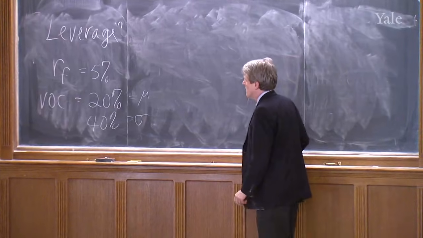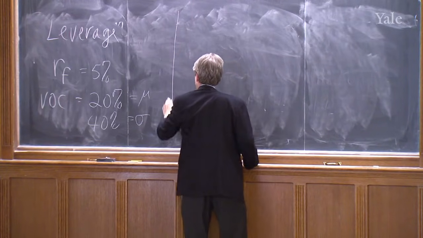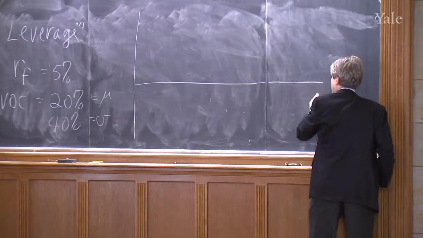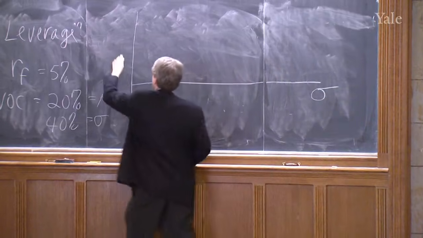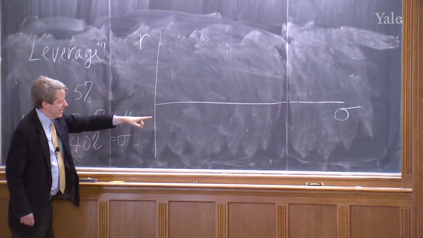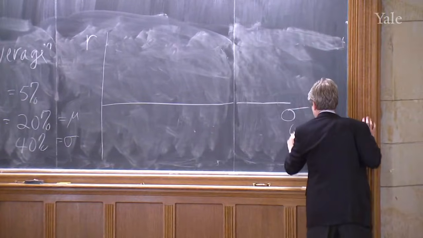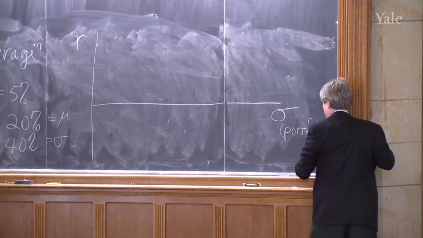So one thing I can do is I'm going to draw a chart here. I'm going to do sigma on this axis and R on this axis. So sigma is the standard deviation of my portfolio. Okay?